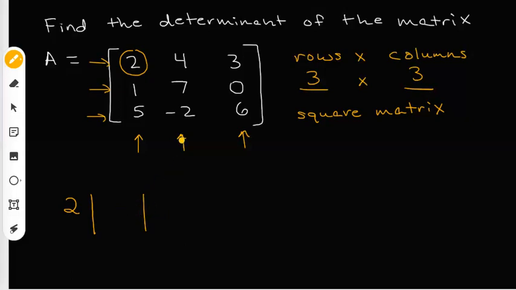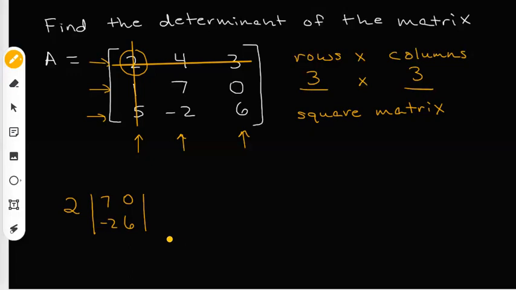Well, first I'm going to draw a line through the top row. And since I chose this number from the first column, I'm going to mark out the first column. So now what am I left with? I'm only left with these 4 numbers right here: a 7, a 0, a -2, and a 6. So that's the first thing that I'll do.